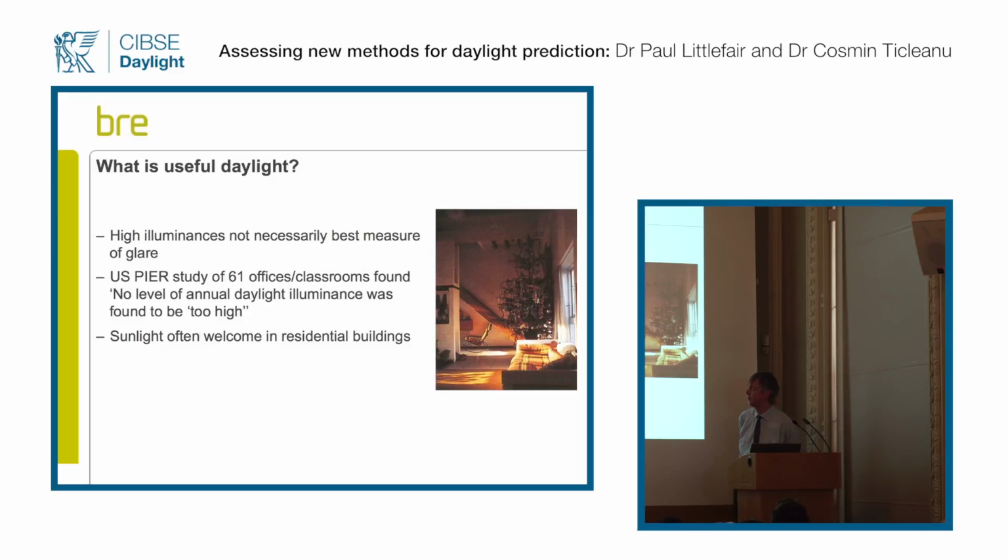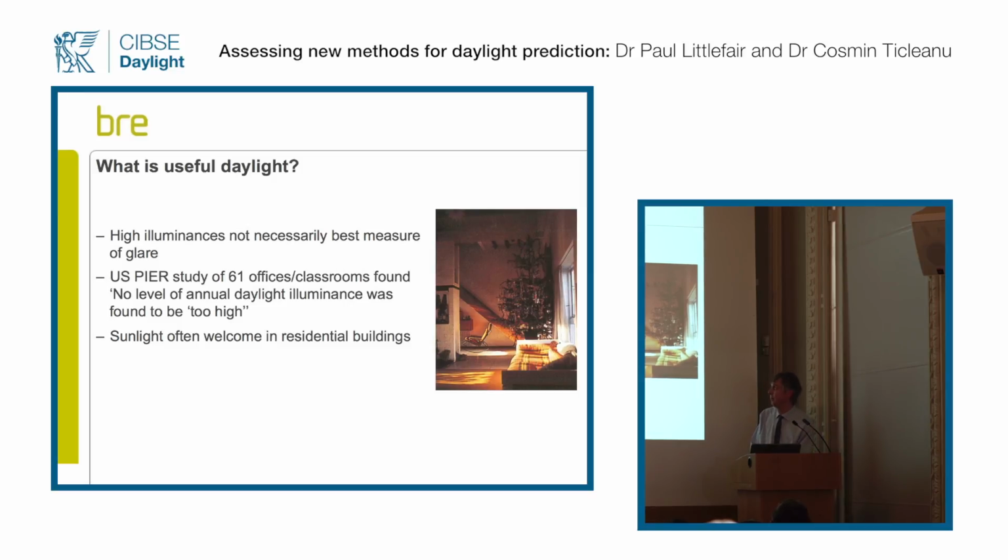Anyway, they did a really detailed survey of 61 offices and classrooms. One of the things they found was that no level of annual daylight illuminance was found to be too high. And so for that reason, the IES doesn't have a useful daylight illuminance metric either.